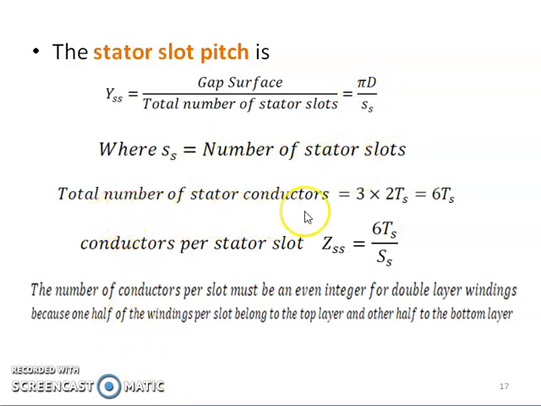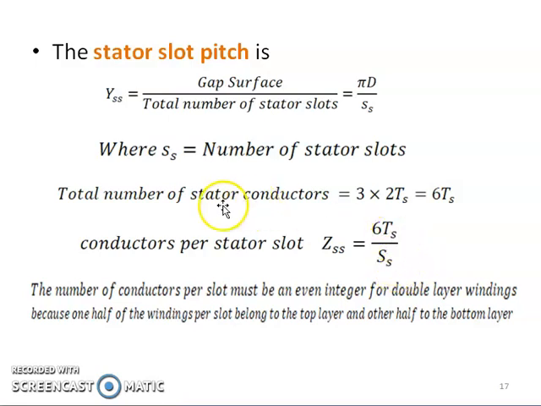Then the total number of stator conductors. Say Z equal to 2T, and for three phase the total number of stator conductors is 3 into 2 TS, that is 6 TS. Then conductors per stator slot, ZSS, is 6 TS divided by SS.